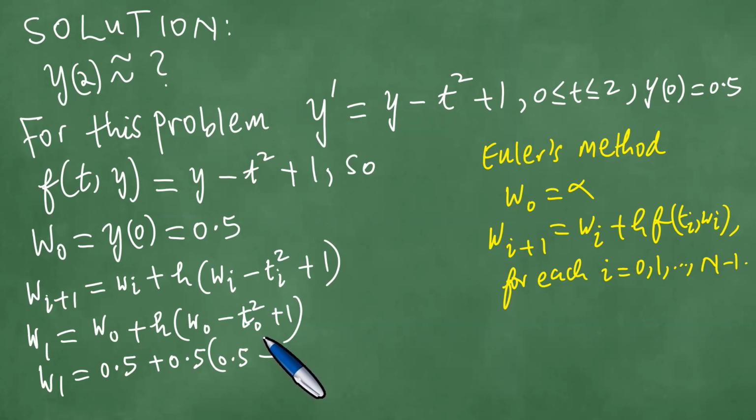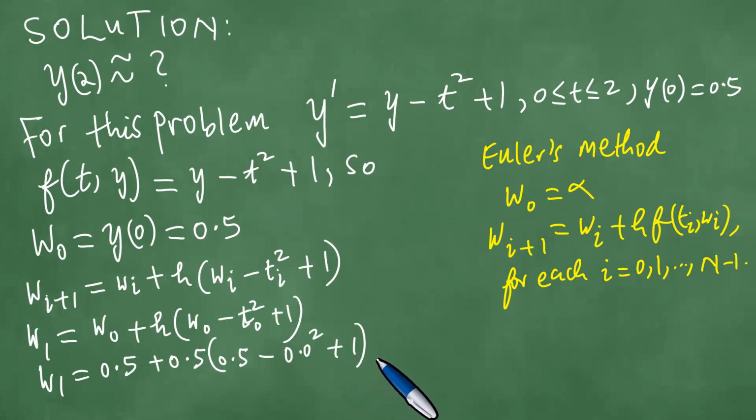What is t0? Obviously we understand that t0 is the value of t at W0, and that one is 0 as well. So it's exactly 0, so you can write 0.0, two decimals, and then we have the 1.